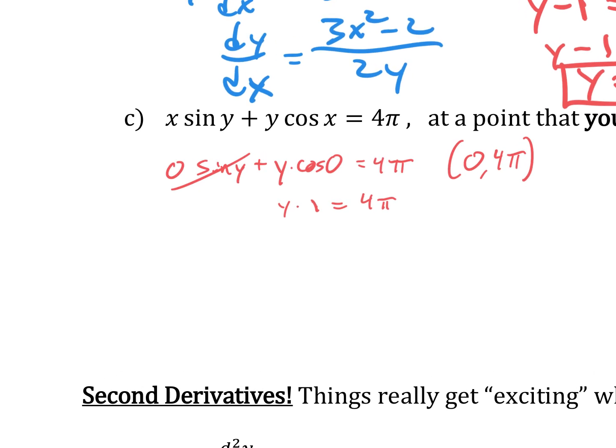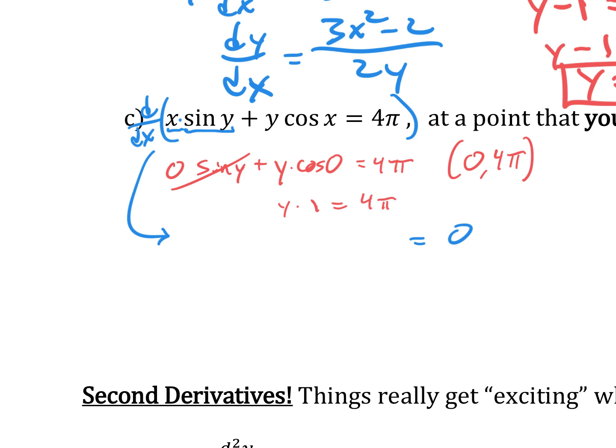So let's take our derivative here. So let's take the derivative of the whole thing. The derivative of the right side is 0. Now the derivative of the left side here, we're going to have some product rule. We got two parts. So here we go. Let's go derivative of the first.